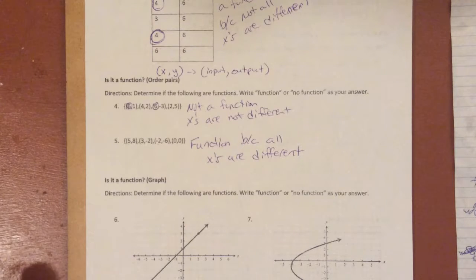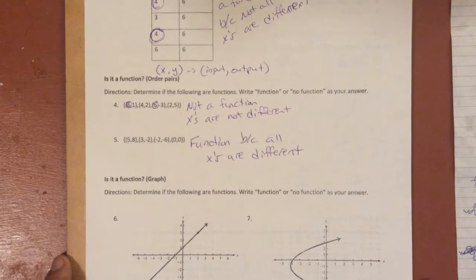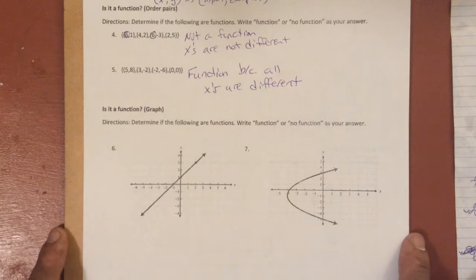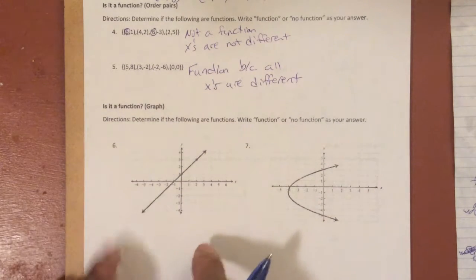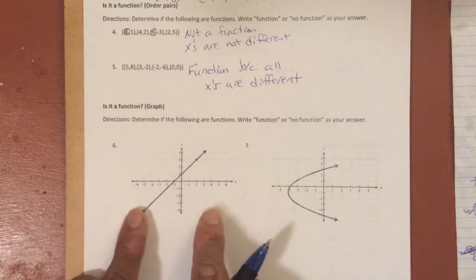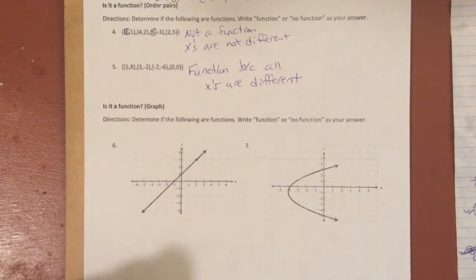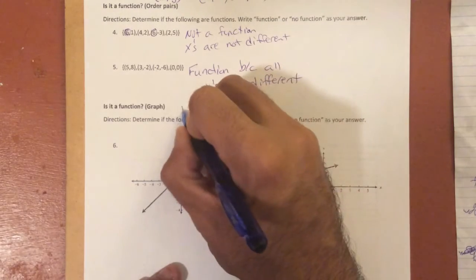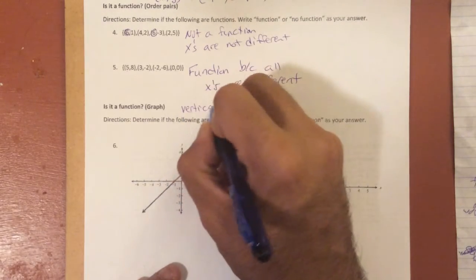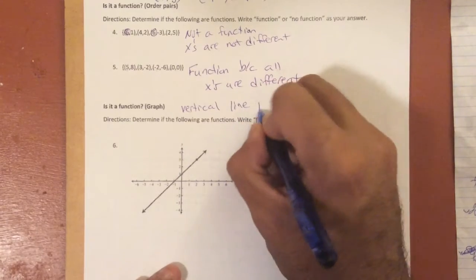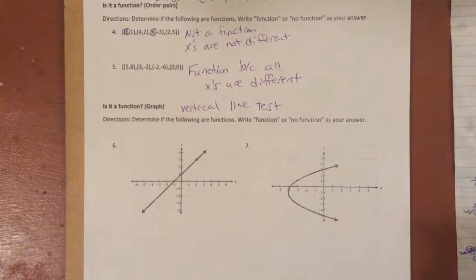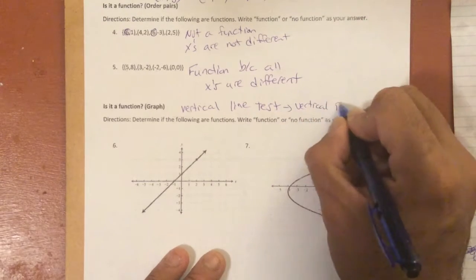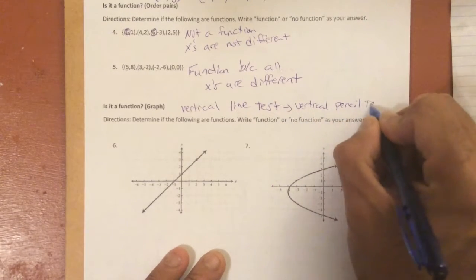Now, when you're trying to determine if something is a function and you're looking at a graph, let's say for example, this problem, we're trying to determine if this problem is a function or not. Anytime you're dealing with a graph, you have to do the vertical line test. Now, vertical line test is also known as the vertical pencil test.